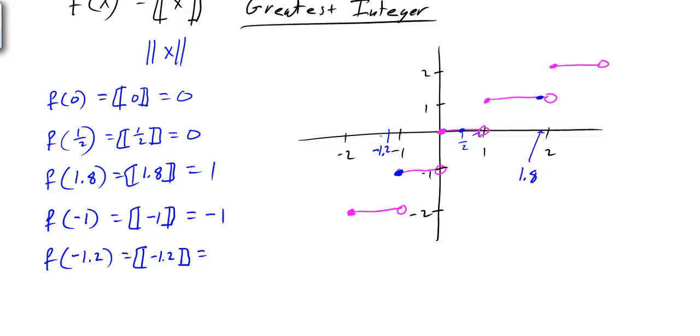This can be a little confusing if you're not careful, because if you go less than -1.2, the next integer would be a -2. Remember, if you think of a number line, -2 is less than -1.2, and that is why at -1.2, your answer is a -2, which gives you this point here.